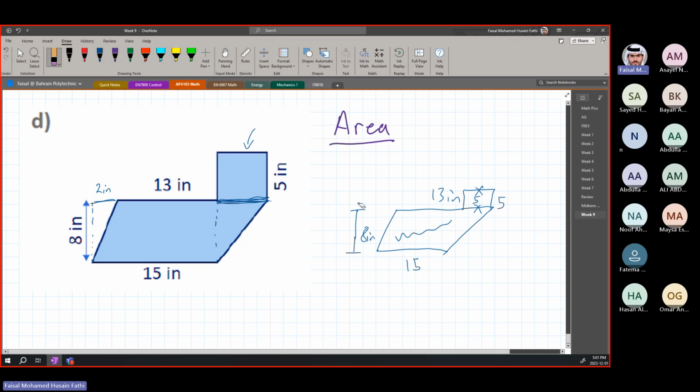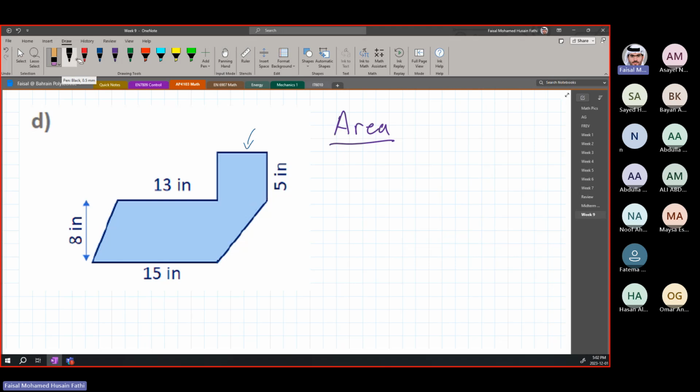I will assume that they mean that this is a square because that's the shape it looks like. The way I'm going to solve it is that the top shape given is a square and not a rectangle. Okay, so square.